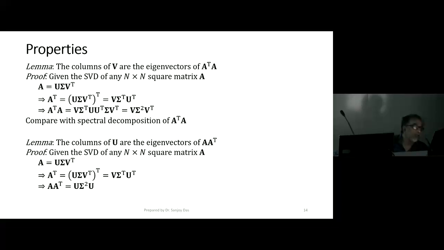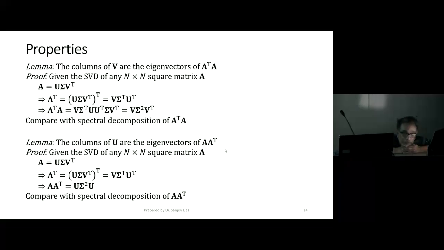It should be replaced with sigma sigma transpose this time. Okay, instead of sigma square, it should have been sigma sigma transpose, but we are concentrating on the columns of U, so never mind this. So what do we have? Compare this with the spectral decomposition of A A transpose, correct? So the columns of U now are the eigenvectors of A A transpose. Okay?